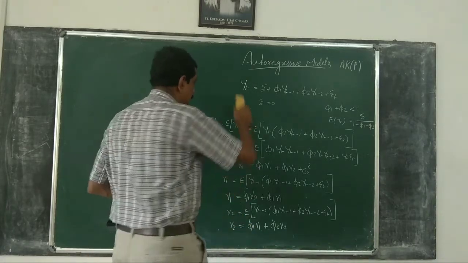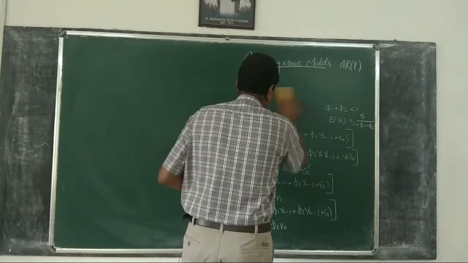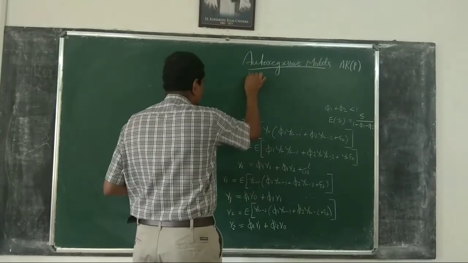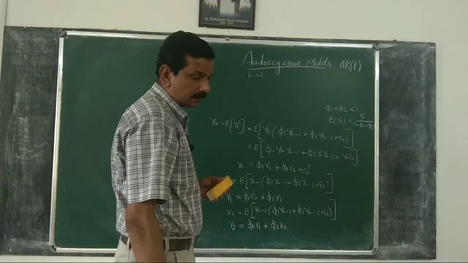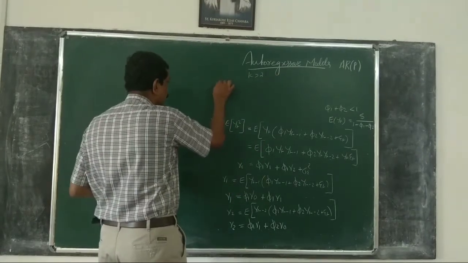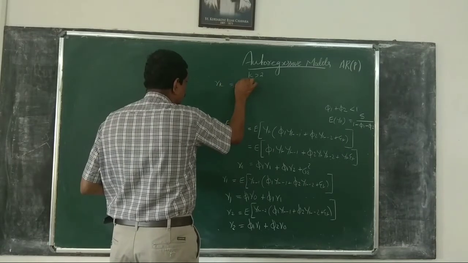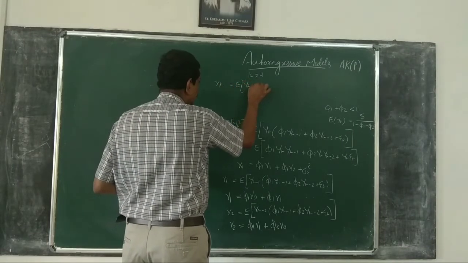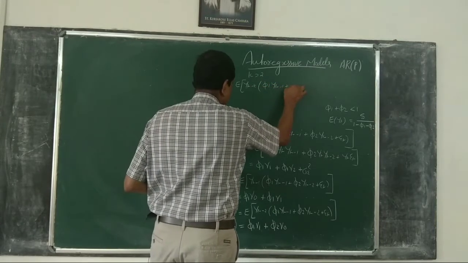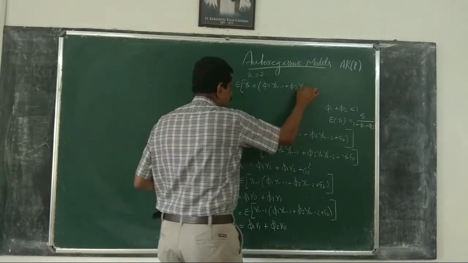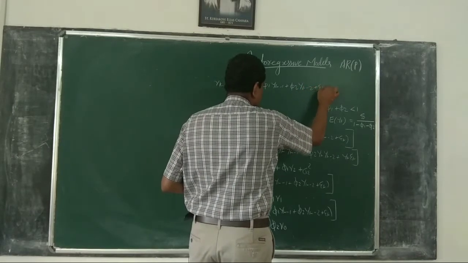And in general, for k greater than 2, what is gamma k? Expected value of yt minus k times phi1 yt minus 1 plus phi2 yt minus 2 plus epsilon t.